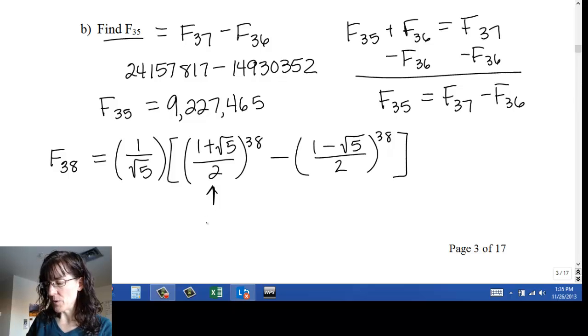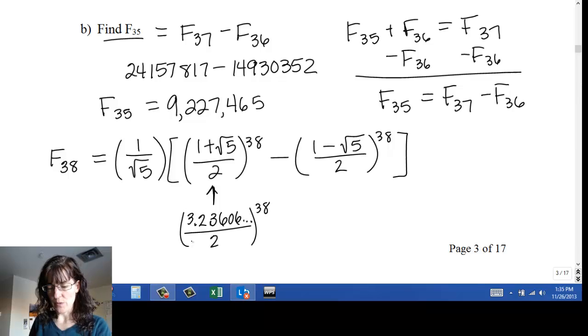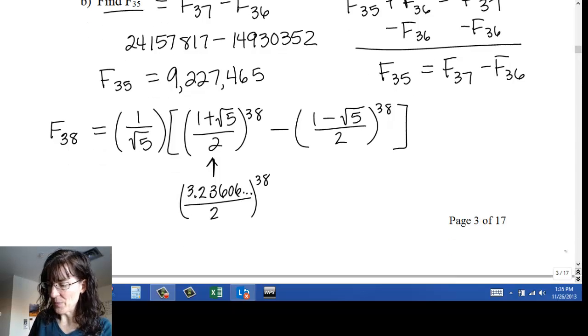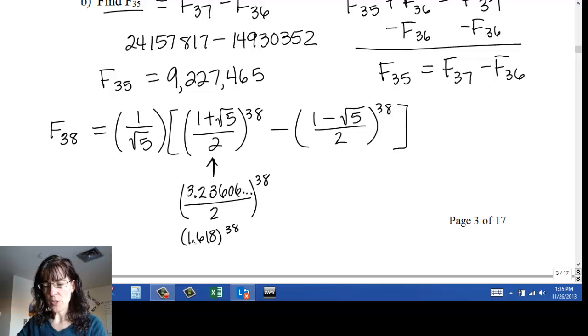3.23606 and so on. Have to divide that by 2. So divide by 2 equals, let's see if I get a little more space here, and then I have 1.618 raised to the 38th power.